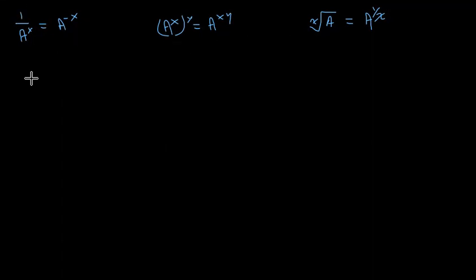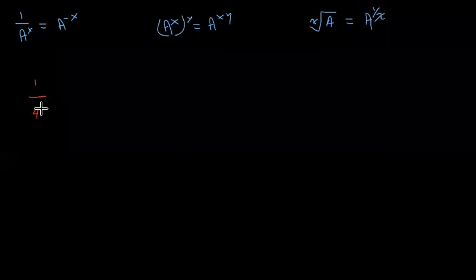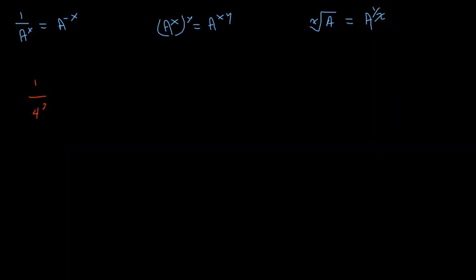If I have 1 over 4 squared, according to this rule, I'm going to end up with 4 to the negative 2.